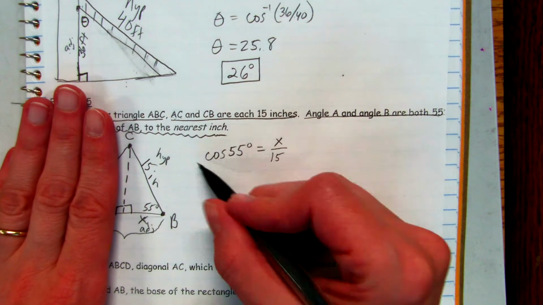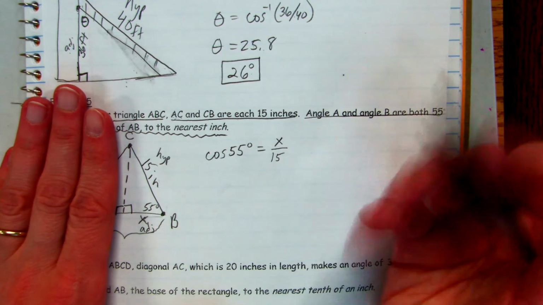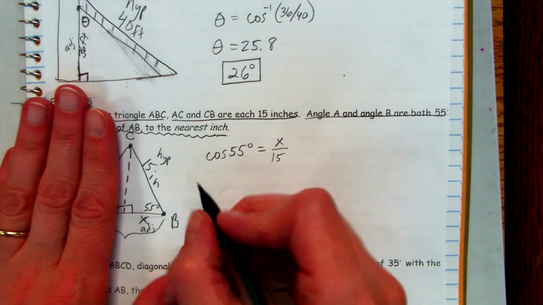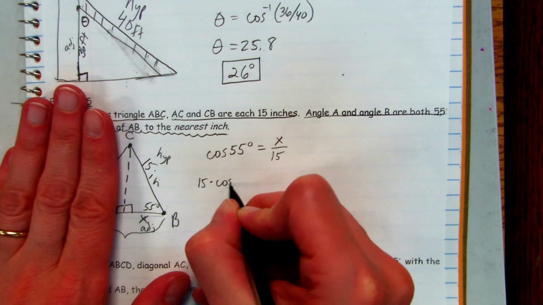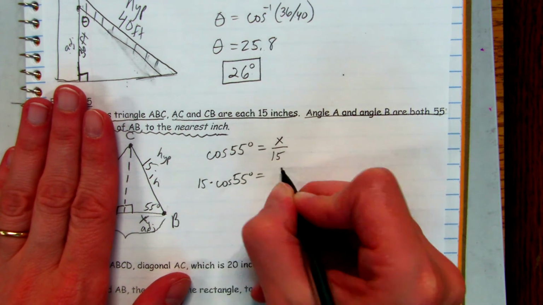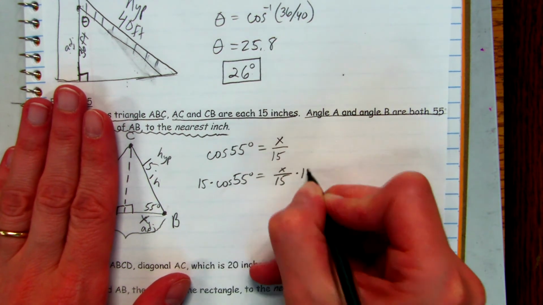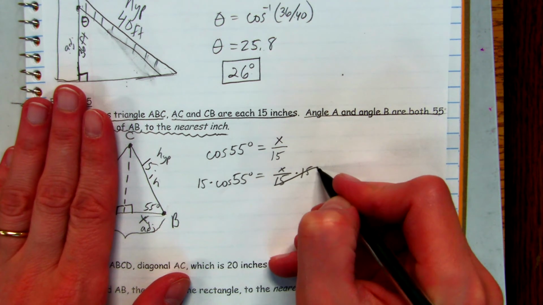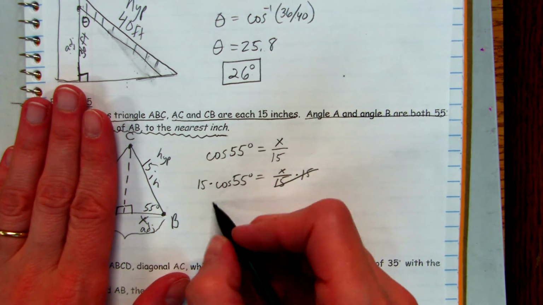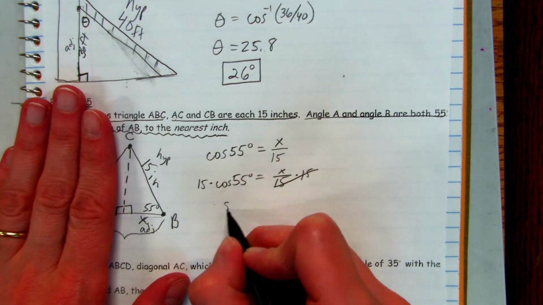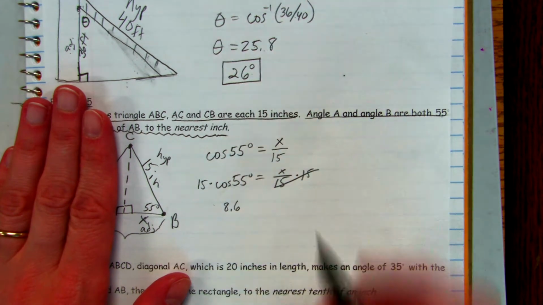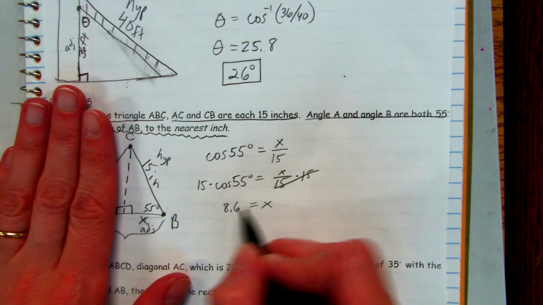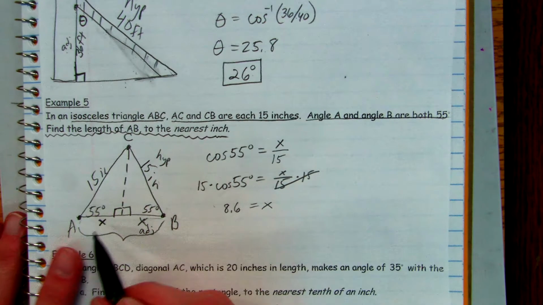So we set up the equation. How do we solve it? Multiply by 15. So I'm going to take this side times 15, I'm going to take this side times 15 because that cancels this out. And when you type that in, you get about 8.6. I'm not going to round that off yet, because I need to think about this situation.